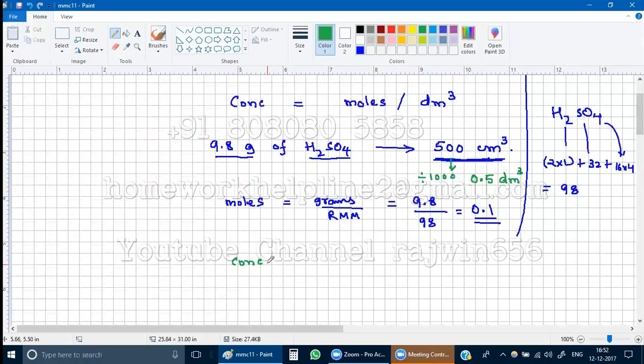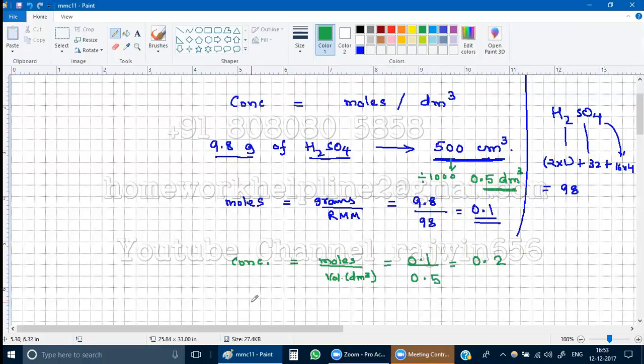Now concentration is equal to moles divided by volume, which is supposed to be in dm cube. The number of moles as we have calculated is 0.1, divided by the volume in dm cube, which is 0.5. Using a calculator, it is 0.2.